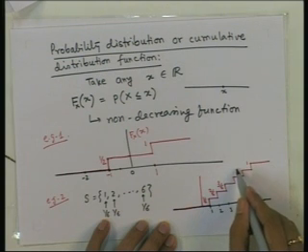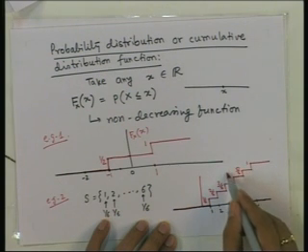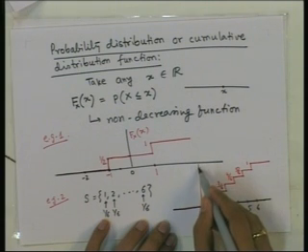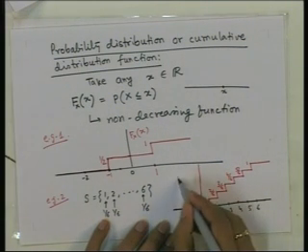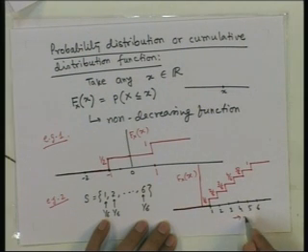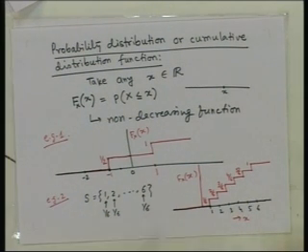So, this is 1, this is 5/6, this is 4/6. So, this is the cumulative distribution function of this random variable.